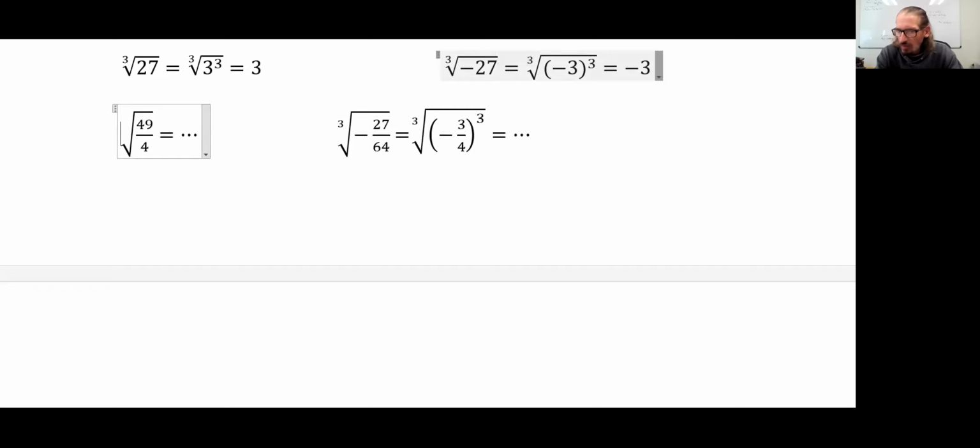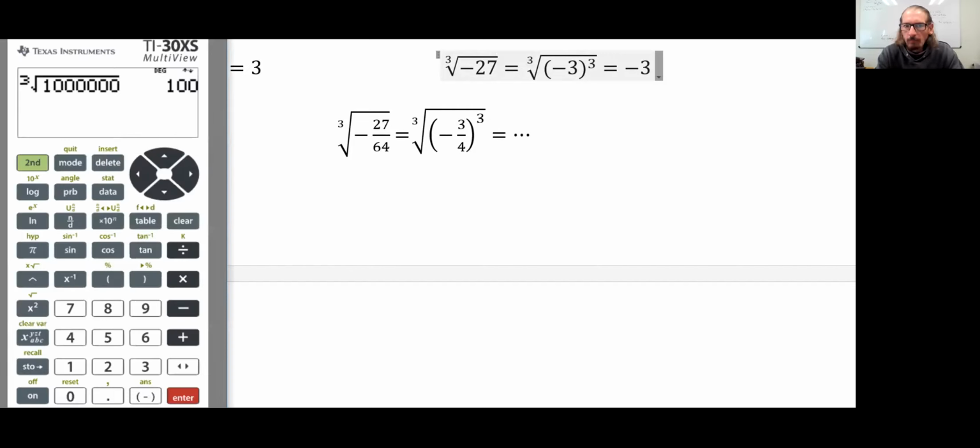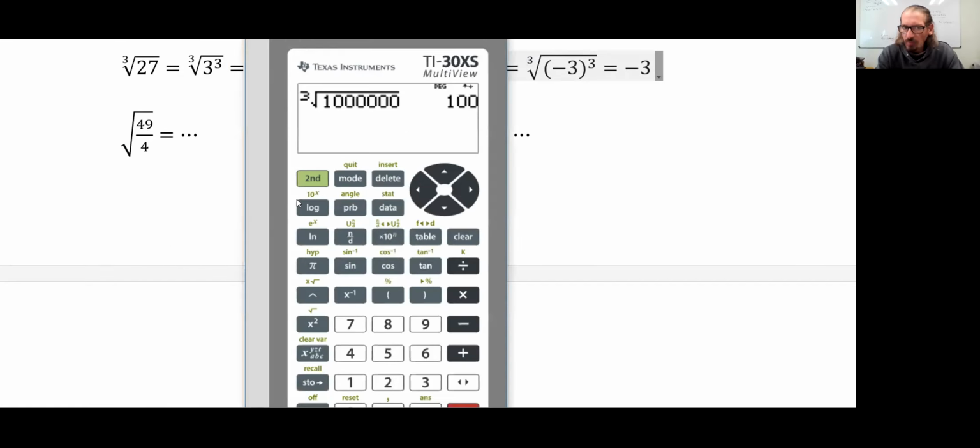If I type this into the calculator, which is not really my main goal, but to confirm something here, I'm going to put in square root of 49/4 and enter. I'm going to press, let's see where it is on this calculator, right there.